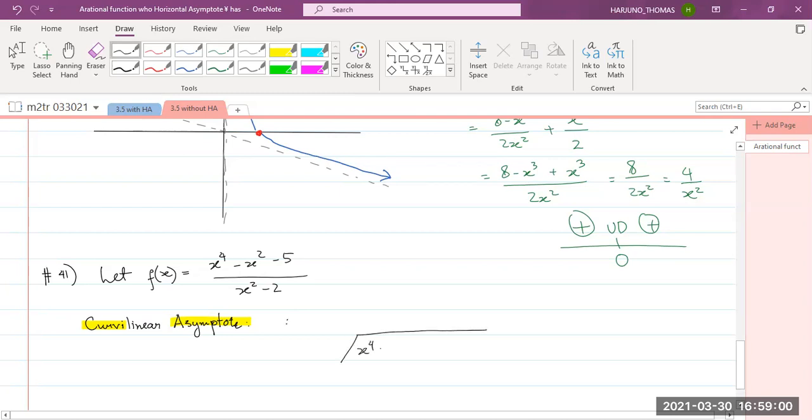x to the 4th plus 0x cubed minus x squared plus 0x minus 5, divided by x squared minus 2. That will be x squared.